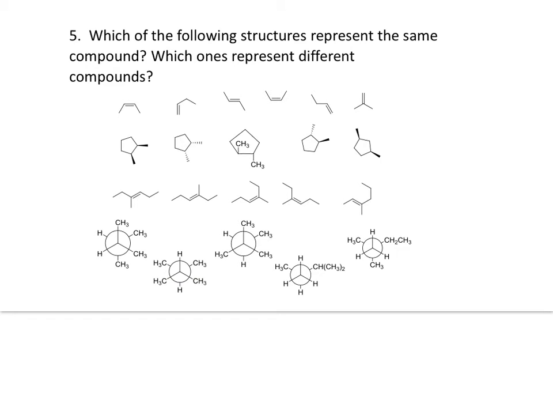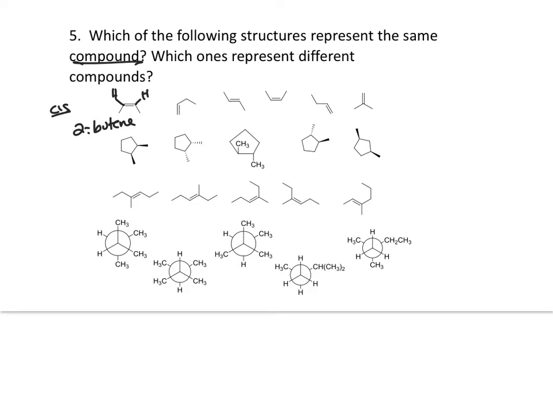Okay, which of the following structures represent the same compound? Which ones are different compounds? So what I like to do is I like to name them, and then if they have the same name, then they are the same. If they have a different name, they are different. So this compound here, you can put in your hydrogens there, and you can see that that's 2-butene, and it would be cis.